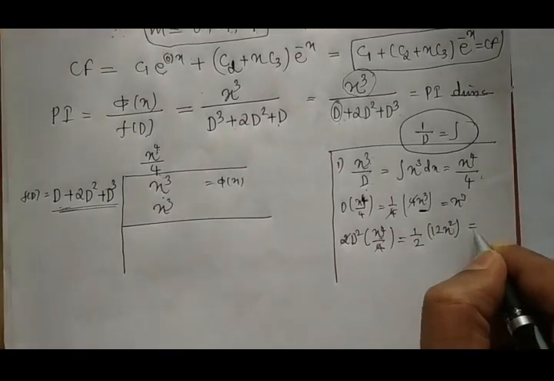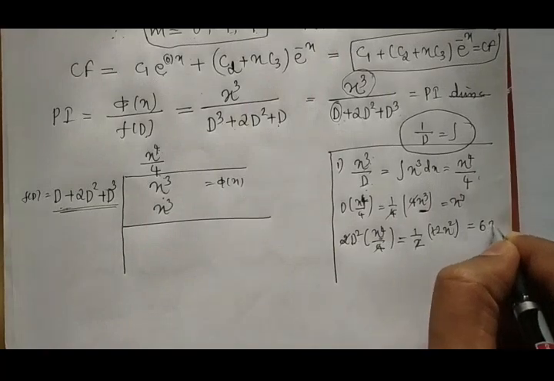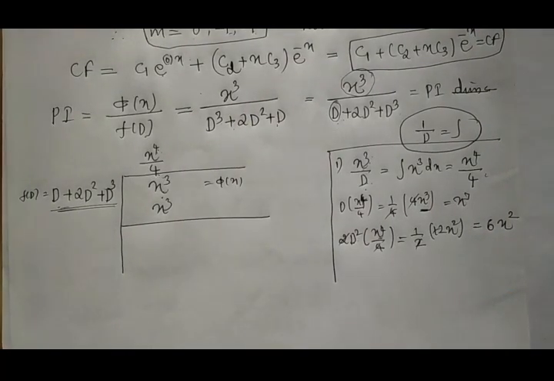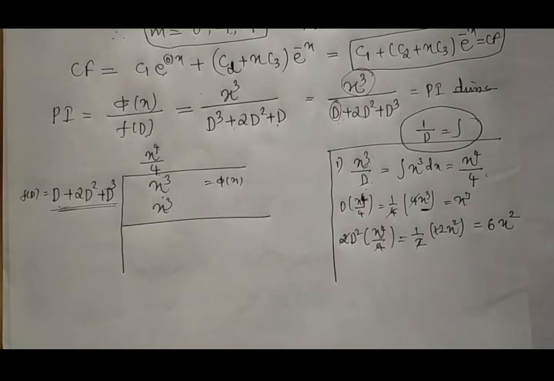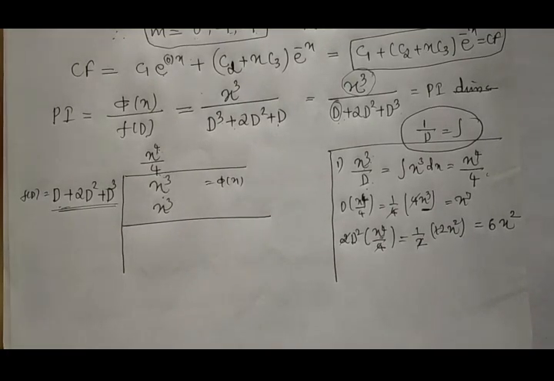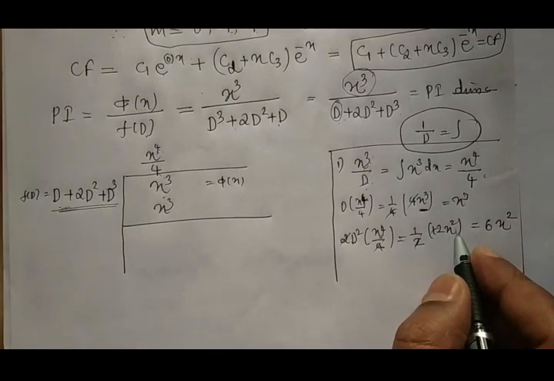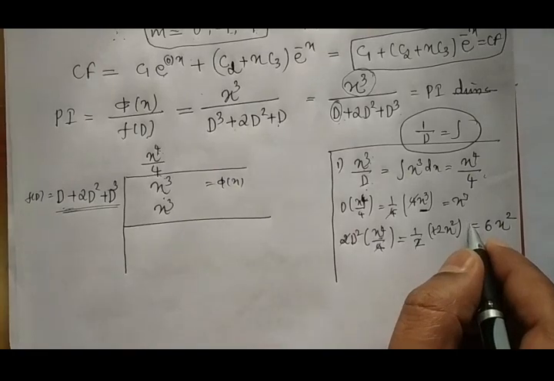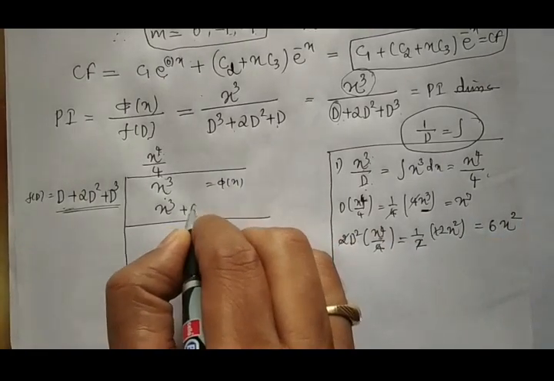So overall, if you calculate this, it becomes x square into 6. Okay, that 6x square will be written here.